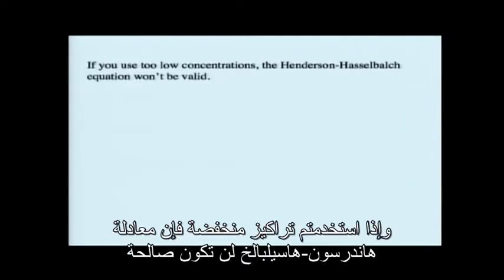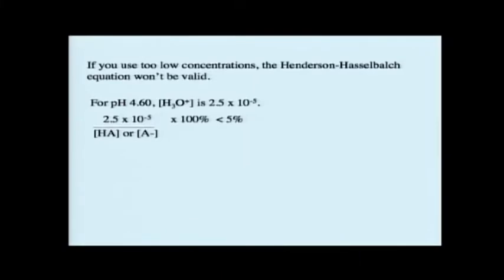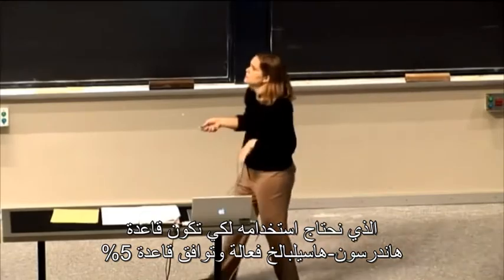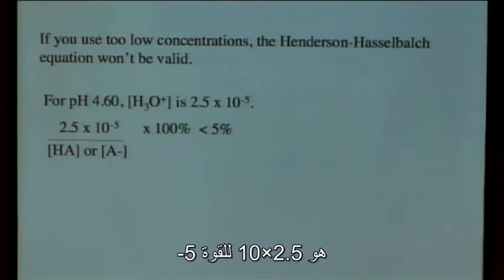And if you use too low concentrations, then your Henderson-Hasselbalch equation won't even be valid. So we can go back and calculate the minimum concentrations we need to use for Henderson-Hasselbalch to be valid and meet that 5% rule. For a pH of 4.6, the hydronium ion concentration is 2.5 times 10 to the minus 5.